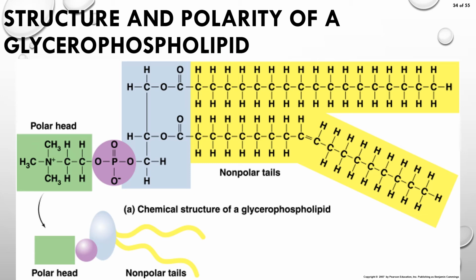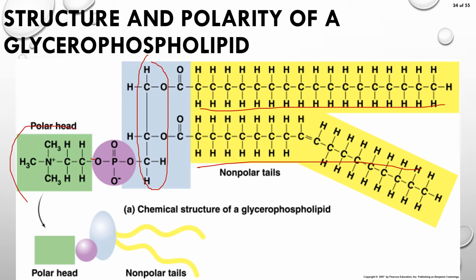So this is the structure of a glycerophospholipid. So you have the nonpolar tail. This one, you have a long hydrocarbon chain, and this is attached to a glycerol backbone, and one of the carbons here is attached to the phosphate group and an amino group.